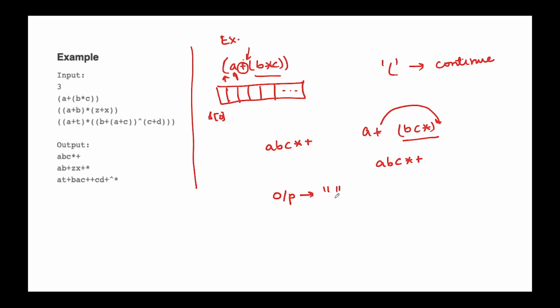Let's say this string is empty right now. Whenever we find an element which is an alphabet, we will just add it to our output string, and whenever we find an operator, we will add it to some other storage, like something.